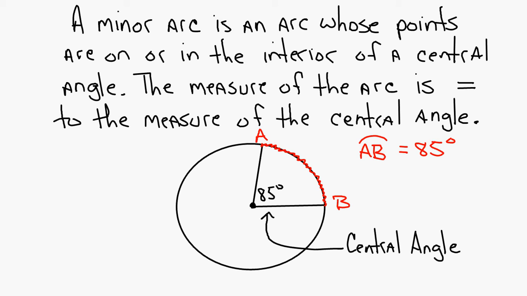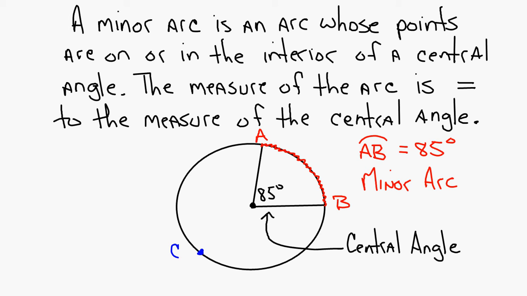All right, we just said that AB is a minor arc, right? That makes around the back, see the arc around the back of this thing? I'm going to put a point here.